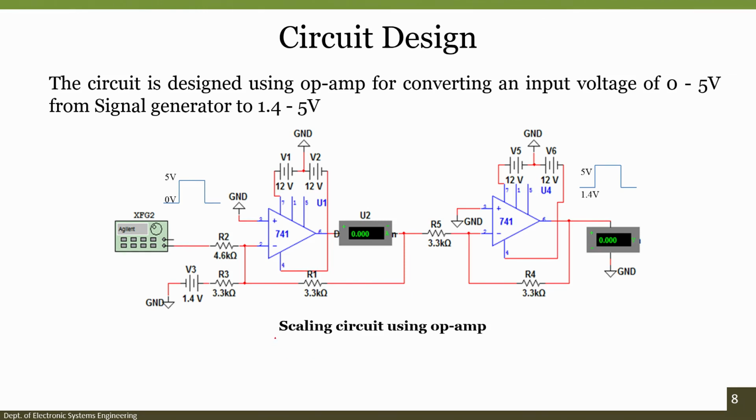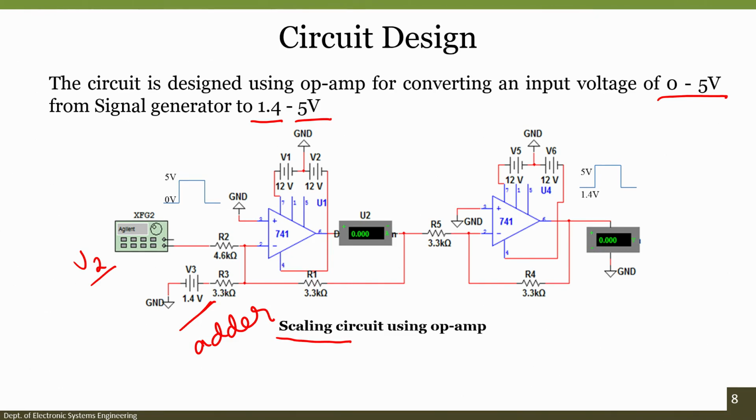Like I said, we have used this circuit to scale the input voltage from 0 to 5 volt to 1.4 volt to 5 volt. As you can see, this is the function generator, the V2 which we had considered in our circuit, and this is your adder, which is a 1.4 volt constant supply.